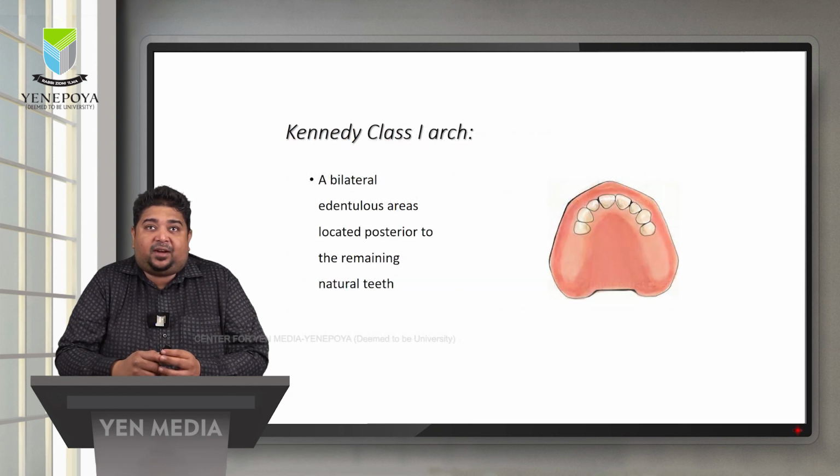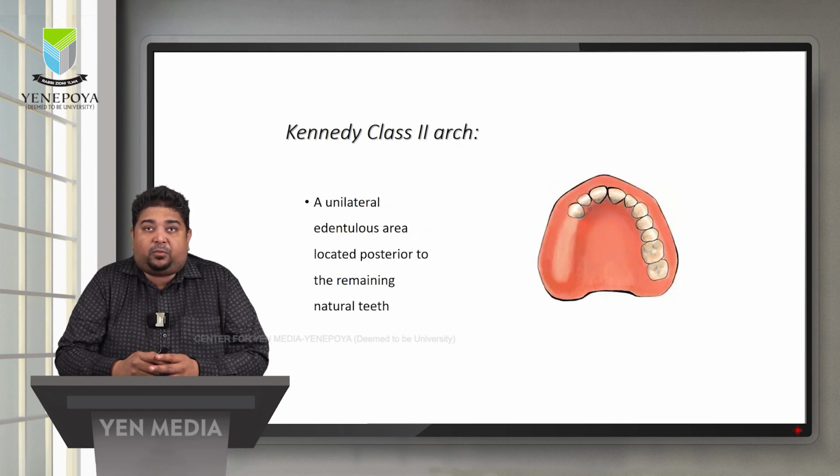So coming to what is Kennedy's class 1 arch? A bilateral edentulous area located posterior to the remaining natural teeth. So as you can see, there's loss of teeth on both sides, which is bilateral in nature. Coming to what is Kennedy's class 2, it's a unilateral edentulous area located posterior to the remaining natural teeth.